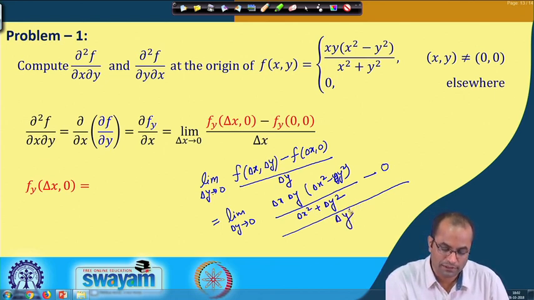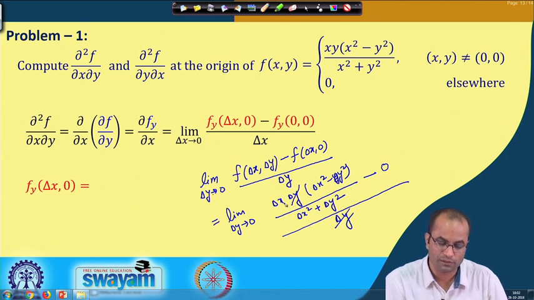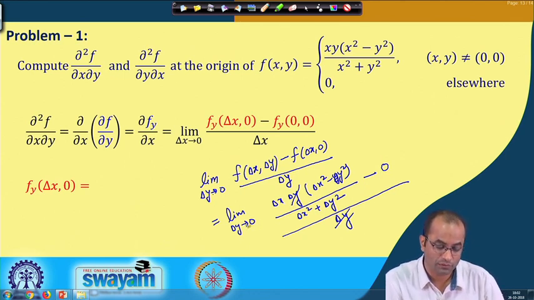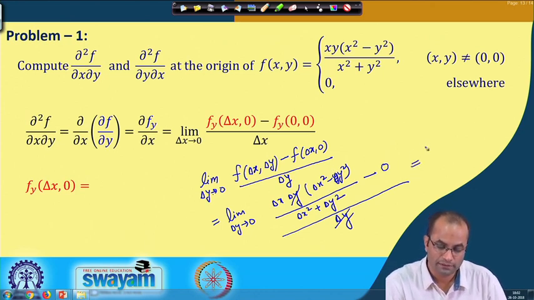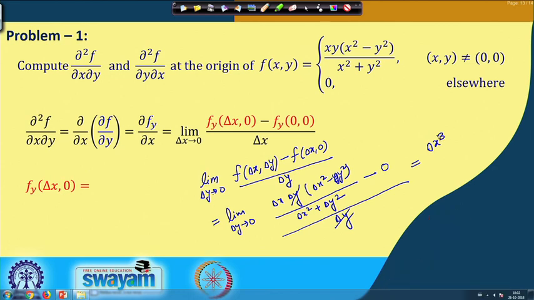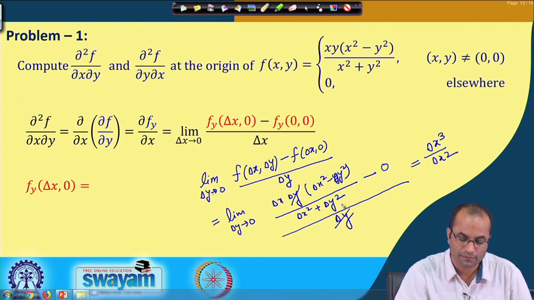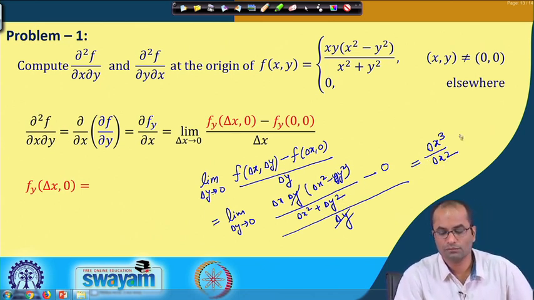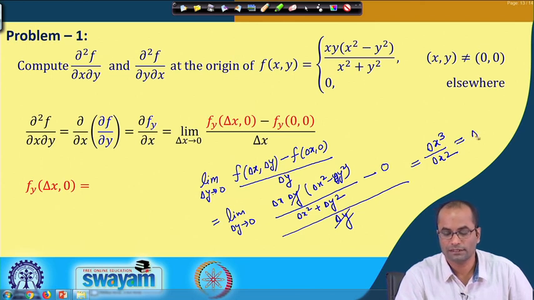This delta y again will get cancelled, and when we take the limit as delta y goes to 0, this term will become 0, this term will become 0, and we get delta x cubed over delta x squared, which is delta x.